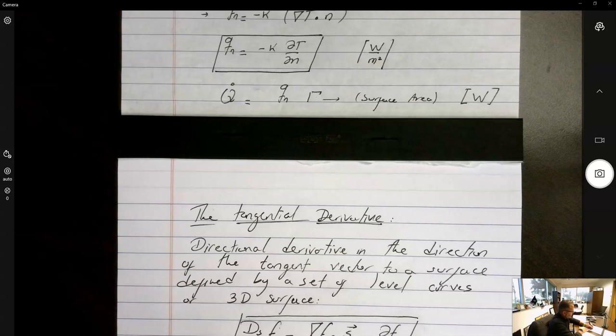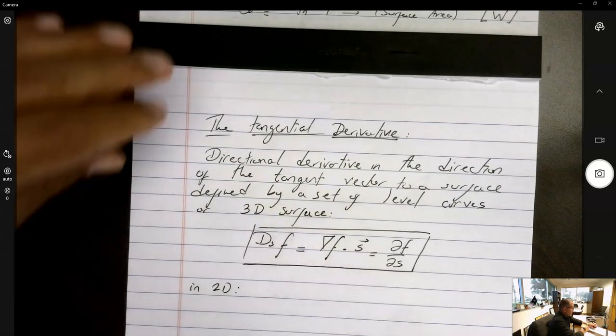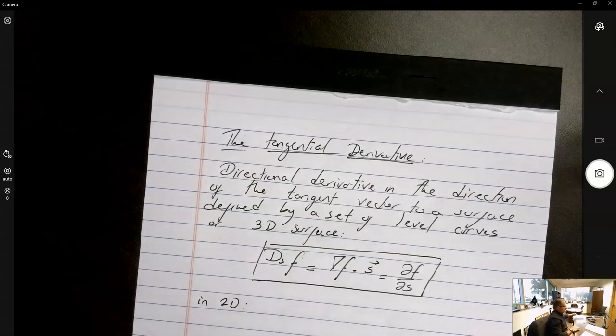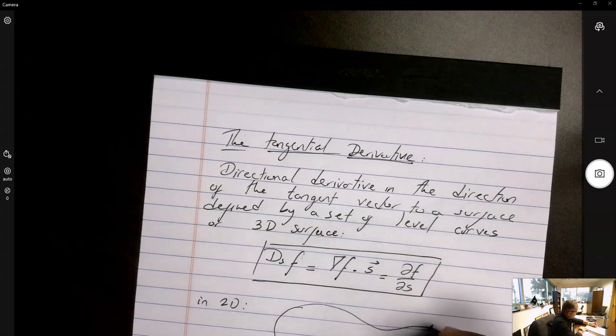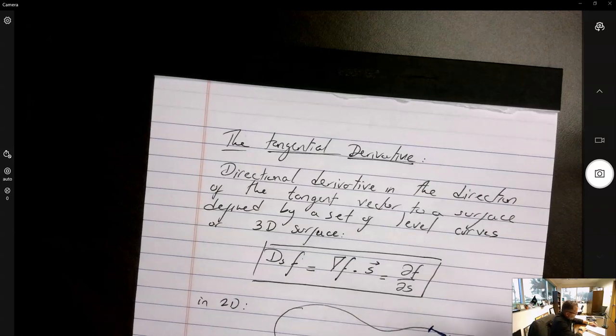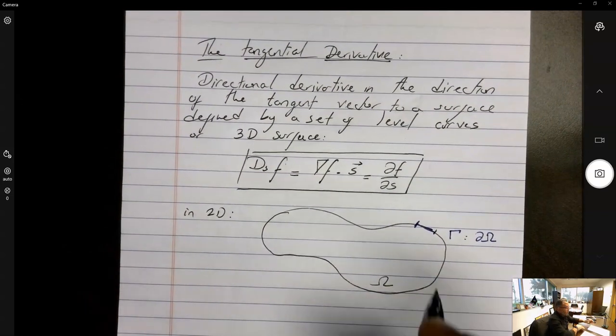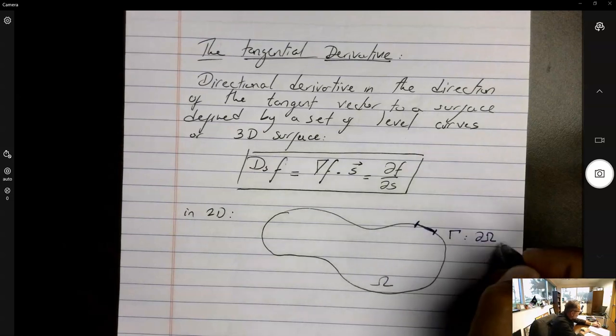Well, in 2D, if we have a surface in 2D, this is omega, and this will be gamma, which is d omega, so essentially a piece of the surface defining omega.